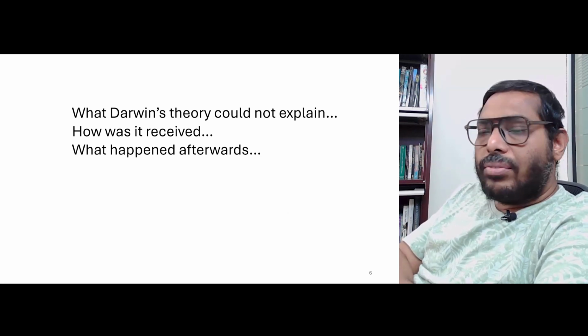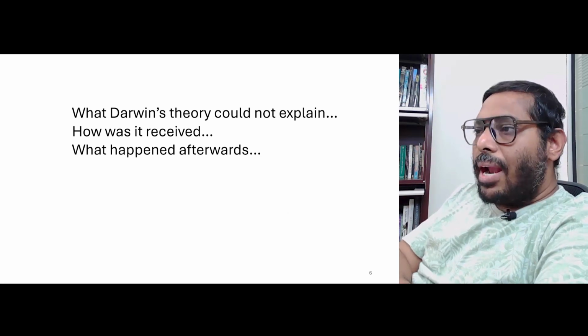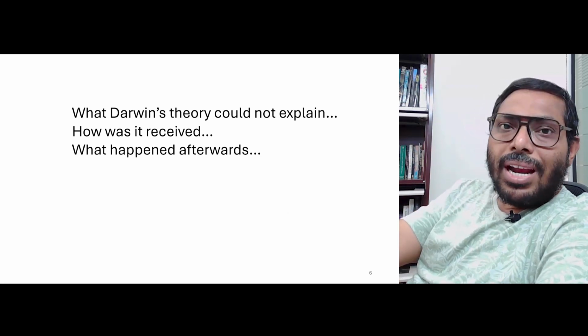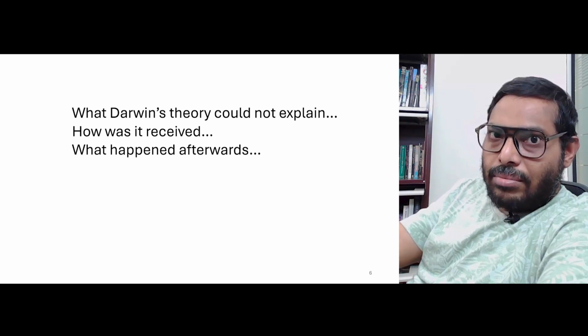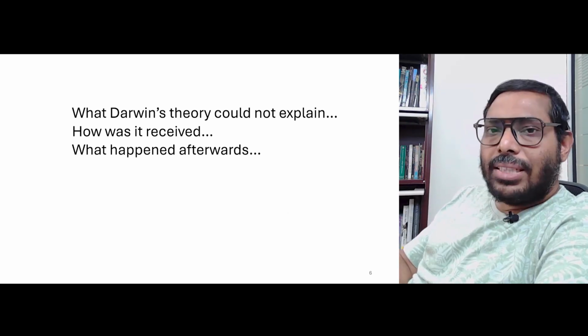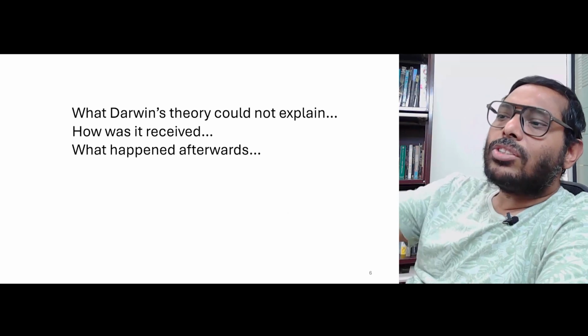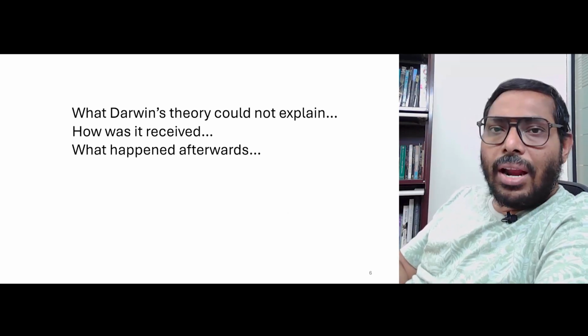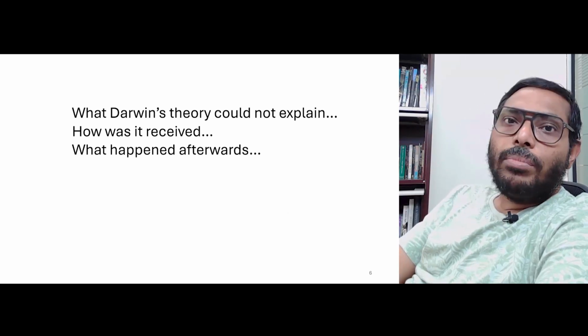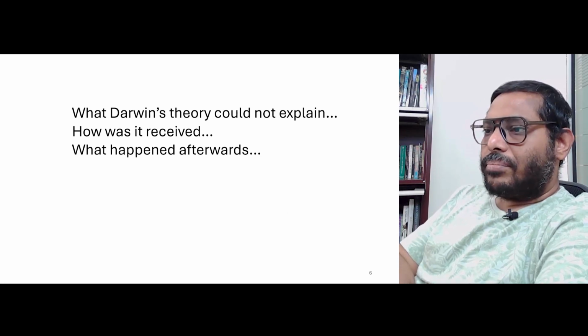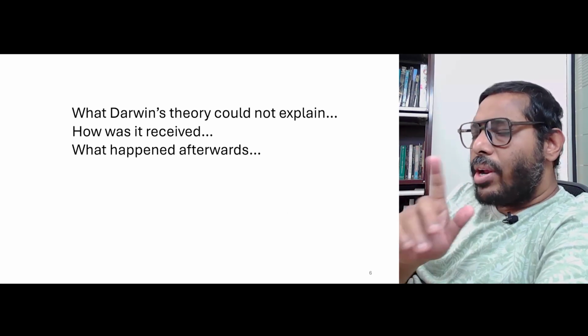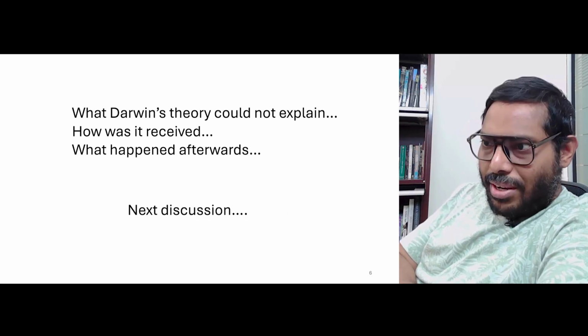Similarly, there are things from physiology, and this is just what was happening at Darwin's time. If you look at what happened after that, as we are going to do in probably our next discussion, this list of observations that are explained by Darwin's theory actually becomes extremely large. However, they were not everything that Darwin's theory could explain.